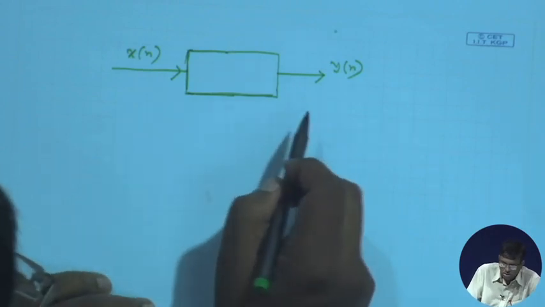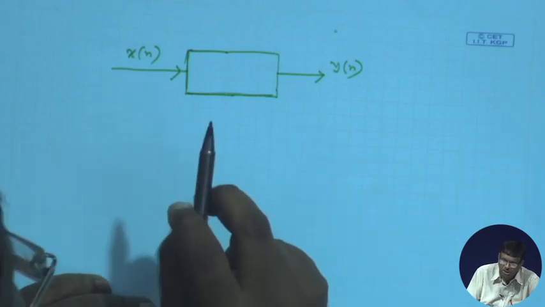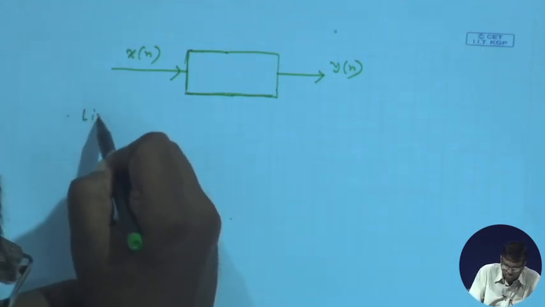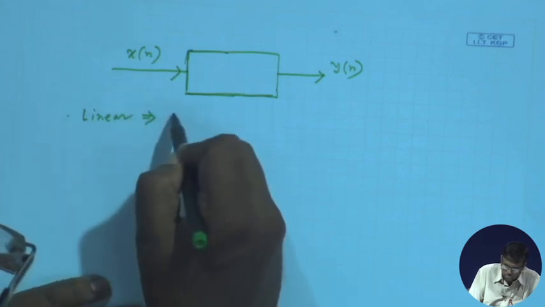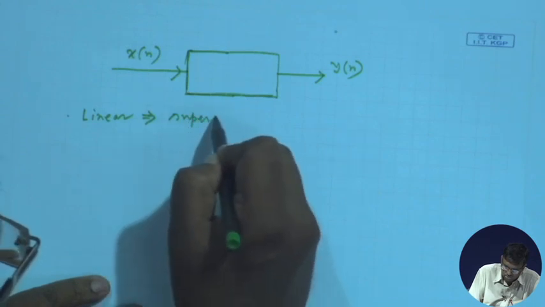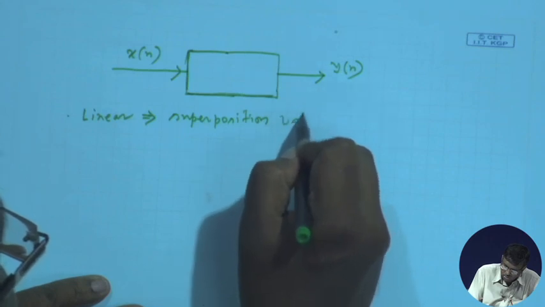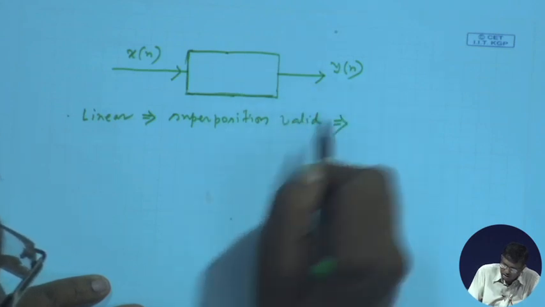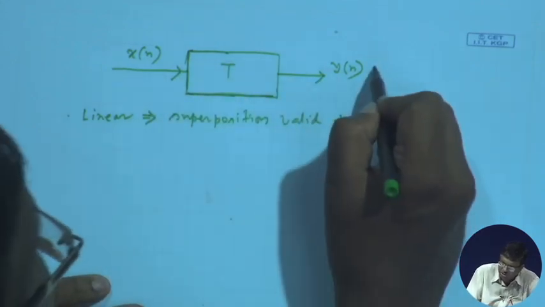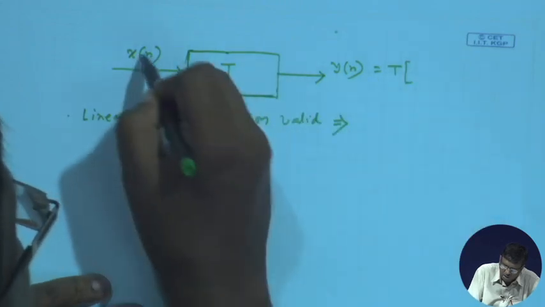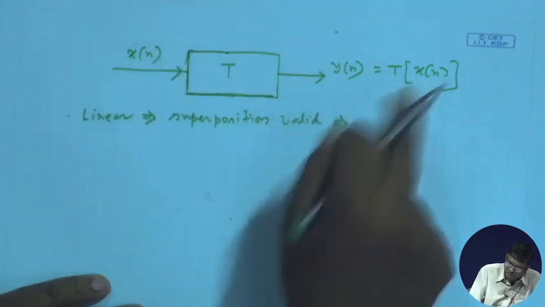Now, this system will be called a linear system if it follows the superposition principle. I denote the system by an operator T. This is not time, this is an operator T. That is, y n I write as T working on an input x n.